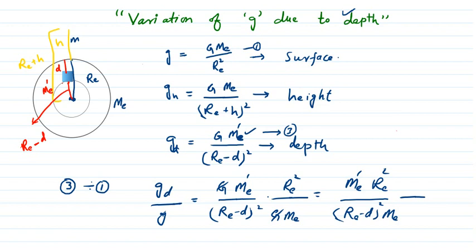Let's say we call it equation number 4. So in further calculation, we can say the density of this earth is, let's say, rho, and this will be equal to the mass of the earth divided by its volume. So the mass of the earth will be equal to density times volume.